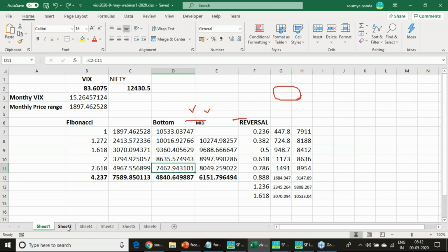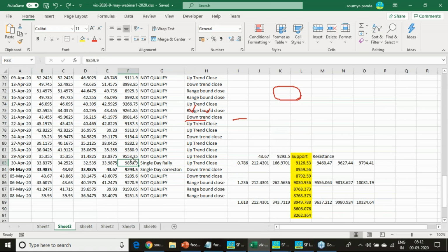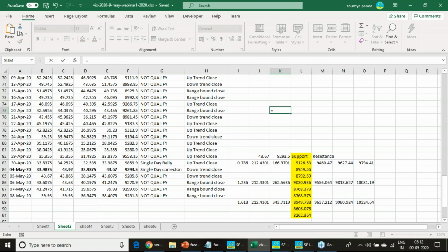I'll explain that in an Excel sheet. This is 30th April, 9859. Just concentrate on these calculations and see how I am doing them. The price before that day was 9,533. I multiply it by the VIX divided by the square root of 365.